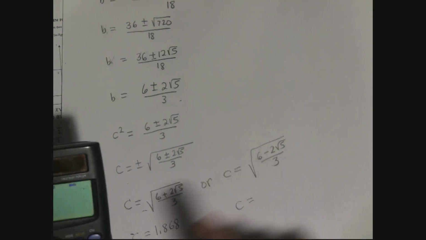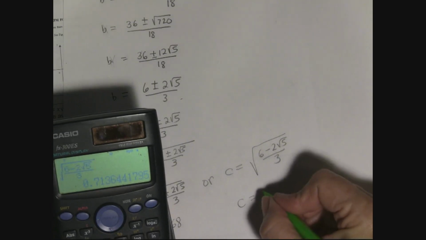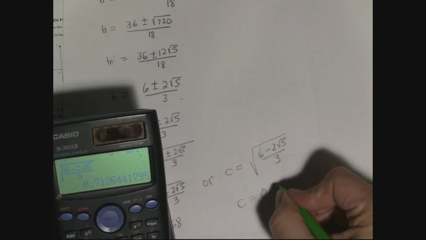And then let's see if this one's between 0 and 2. So it's the square root, and then underneath that square root I have 6 minus 2 square roots of 5 divided by 3, which is also 0.714.